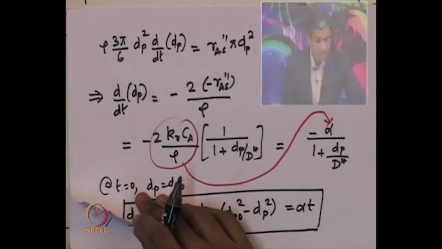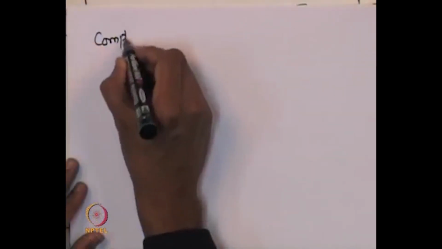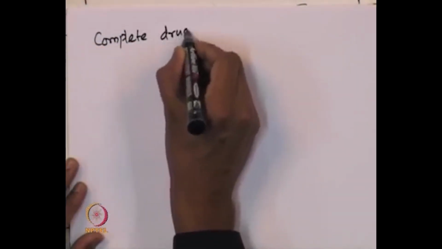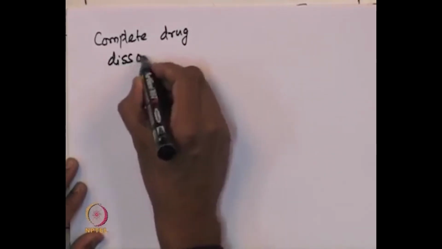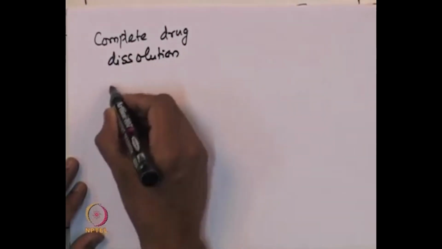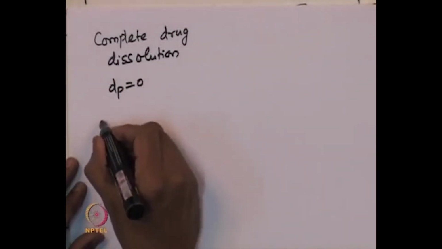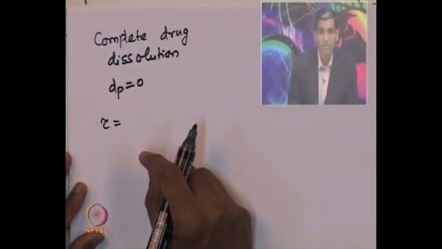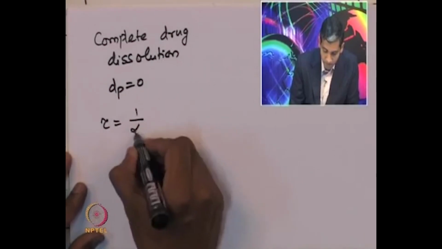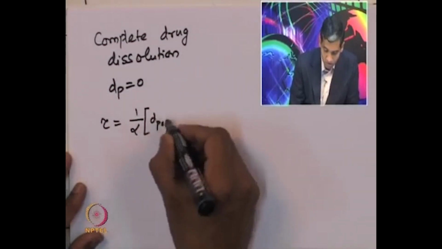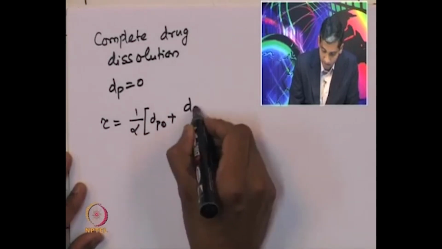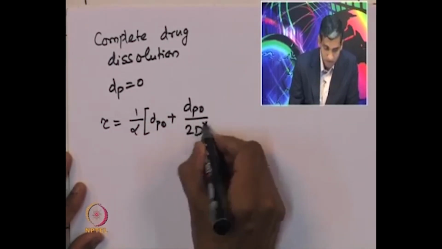Now, in order to obtain a complete conversion for this problem, that is for complete dissolution of the drug, the dp should be equal to 0, that is all the particles are completely consumed, and the time tau, which is the time taken for complete conversion, is given by 1 by alpha into dp0 plus dp0 square by 2 d star.